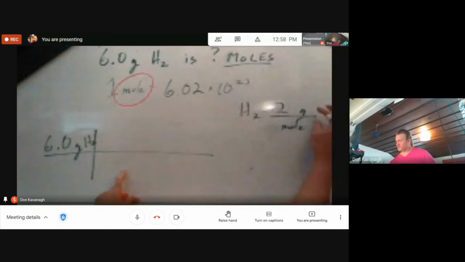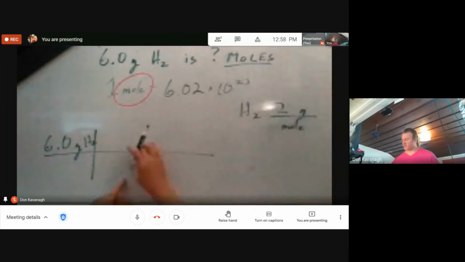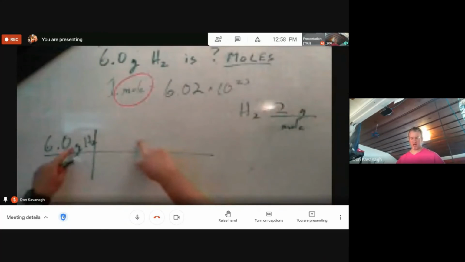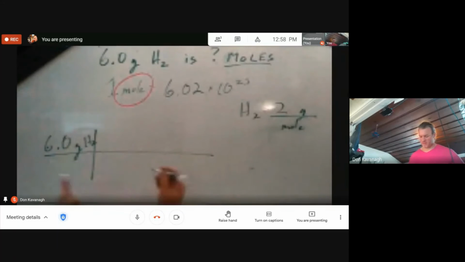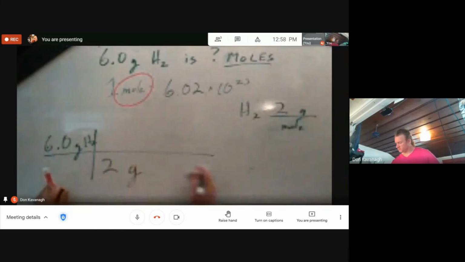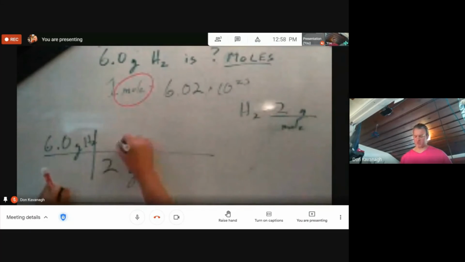I need to fit this into the scaffold to make grams cancel out. So this has to be flipped so that the unit on the top cancels out the unit on the bottom. If grams goes on the bottom, so does the 2, and the moles go on top.